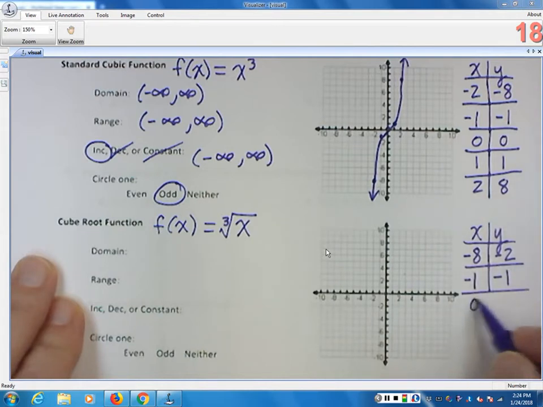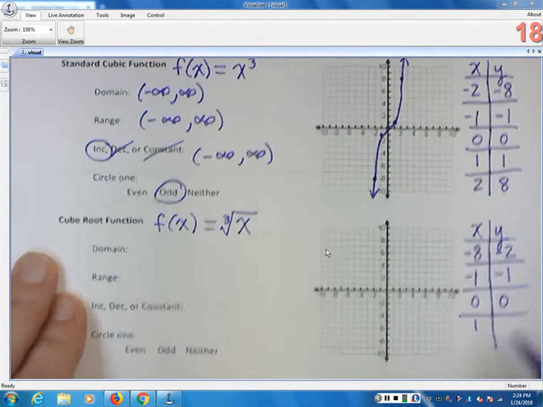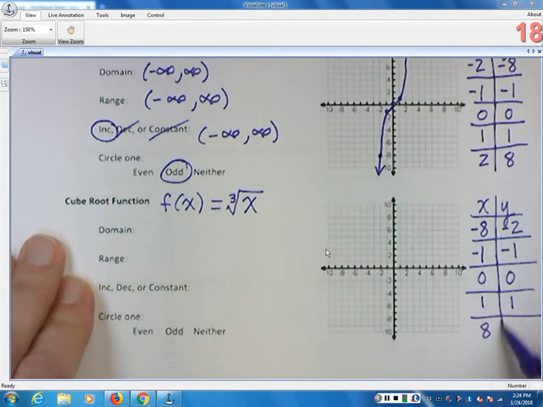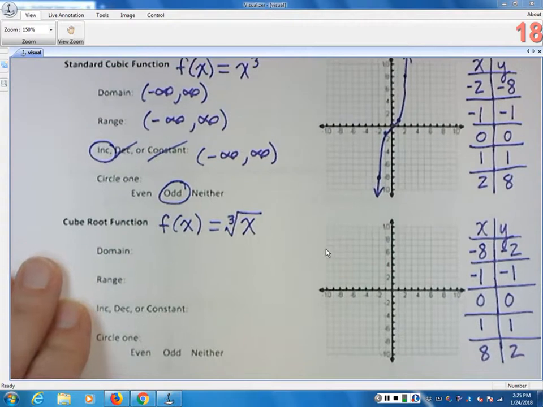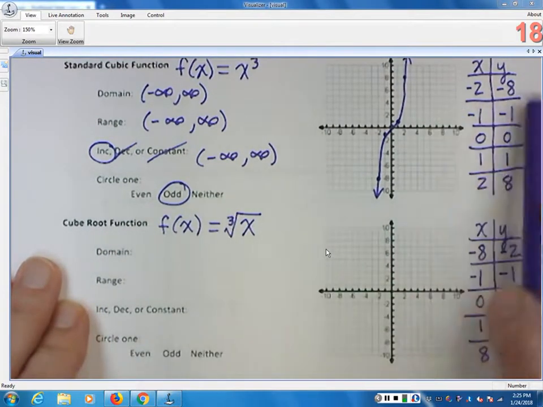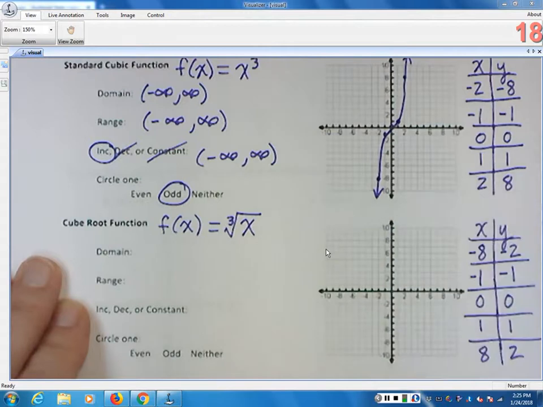The cube root of 0 is 0. The cube root of 1 is 1. And the cube root of 8 is 2. So these are actually inverses, and we just switch the x's and the y's around.